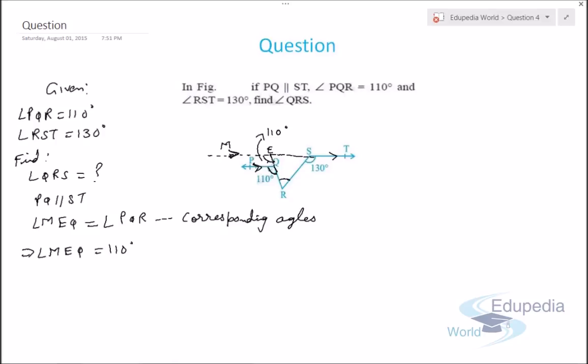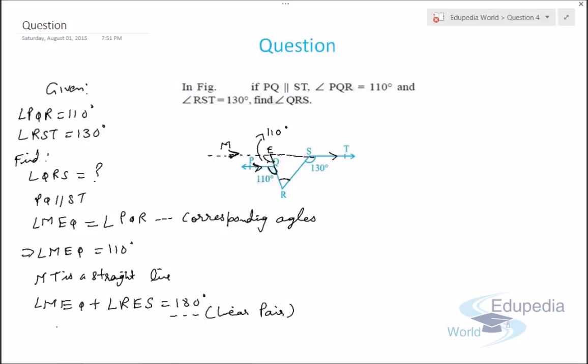Now this is 130. If we consider MT a straight line, then angle MEQ plus angle RES equals 180 degrees. Why? Because they form a linear pair.